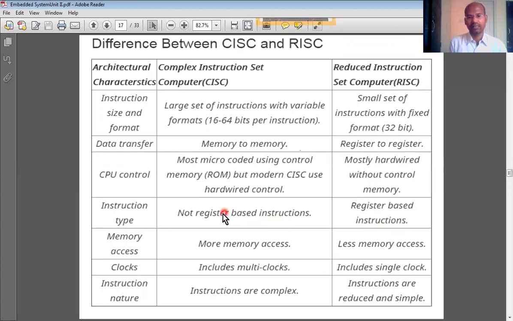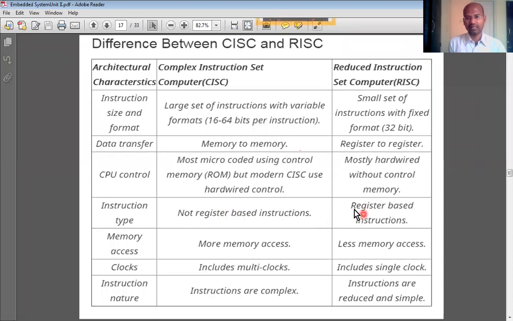For example, it is a valid operation in CISC: add A, B, C, where A is one memory location, and B and C are also memory locations. The instruction add adds the data present in memory location A to the data present in memory location B, and the result is written back to memory location C. That is how instructions will be in CISC.